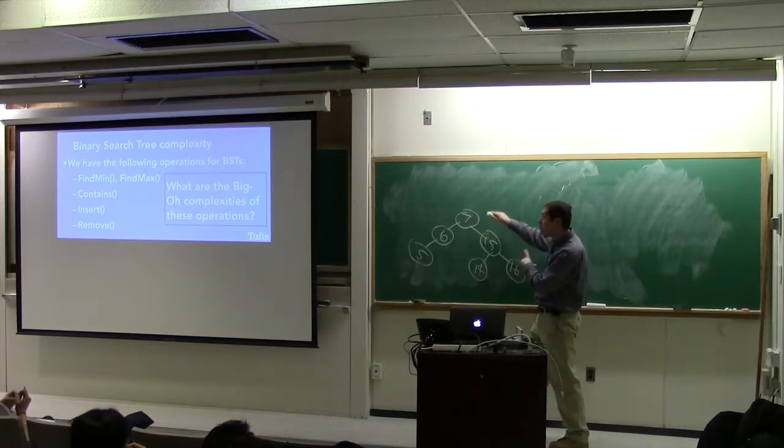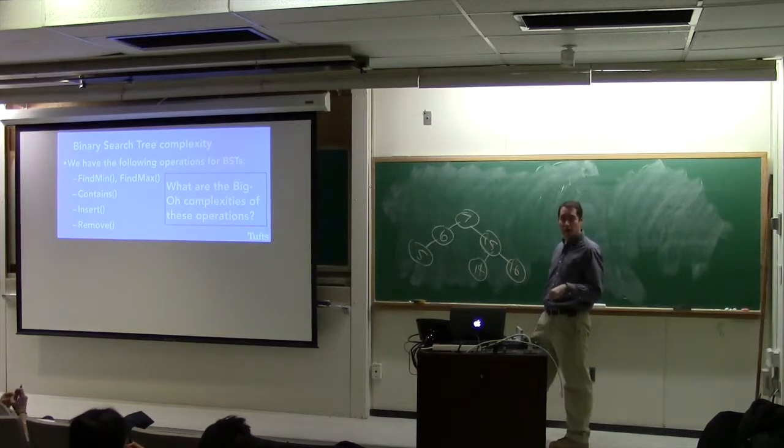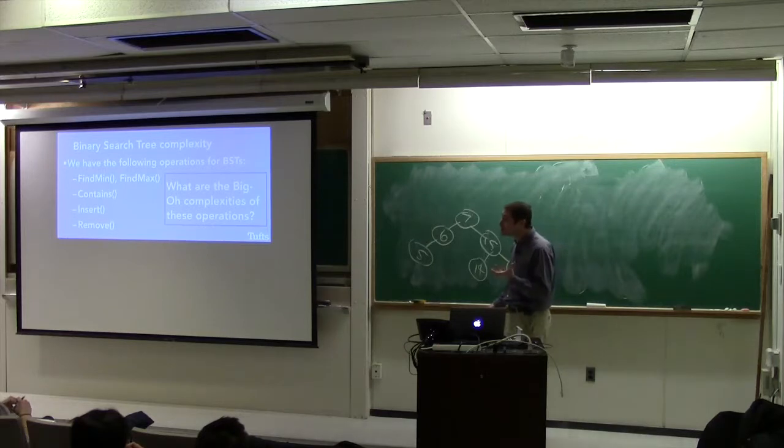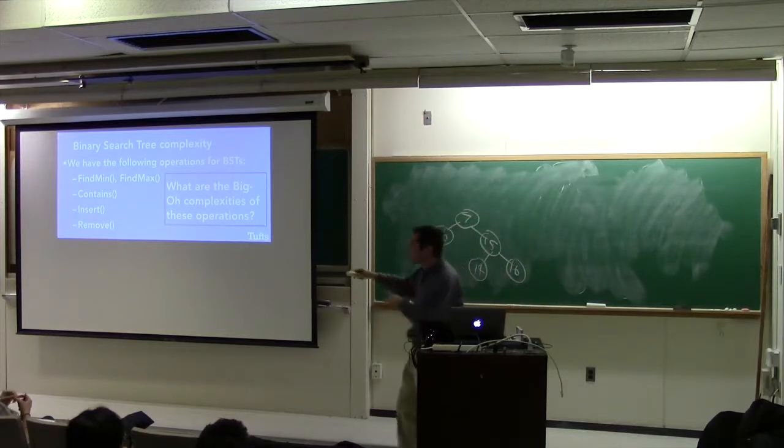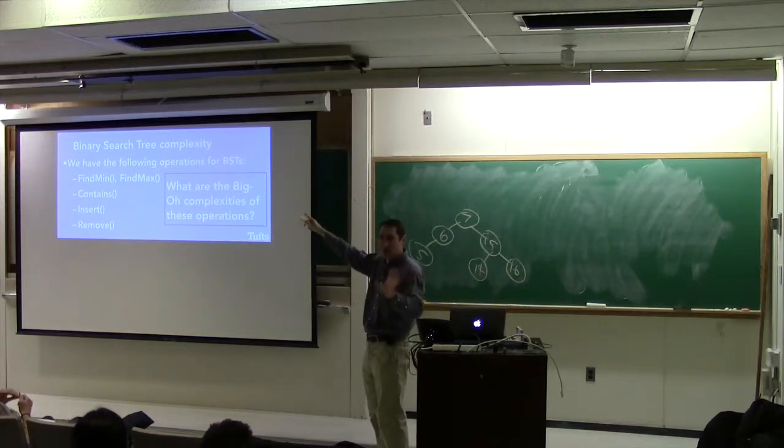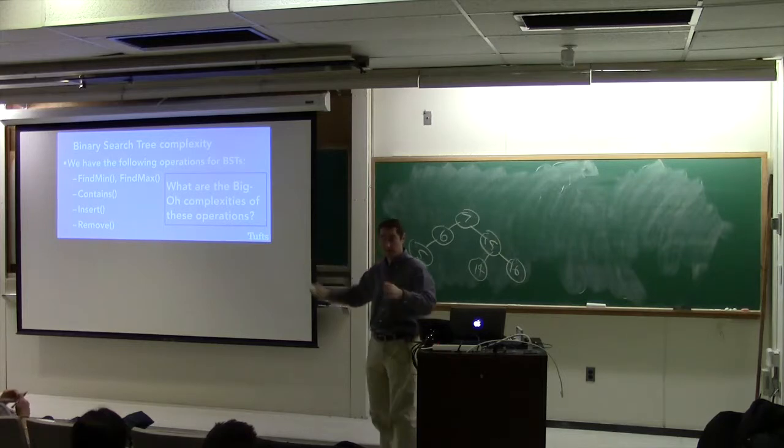So yes, remove is still asymptotically logarithmic. It's slightly worse, but we don't care about the constants in this case. We generally don't care about constants when we're talking about logarithmic behavior or asymptotic behavior. OK? So yes, all of these functions are logarithmic for a balanced tree.